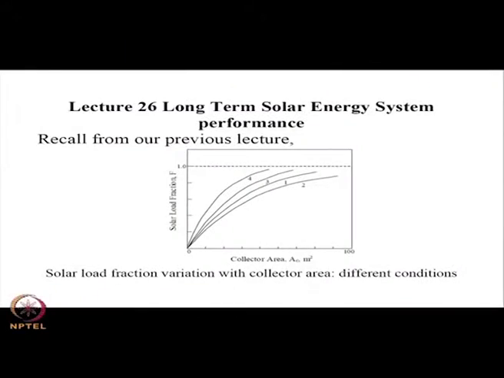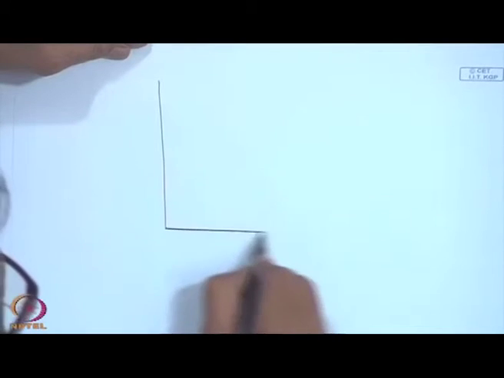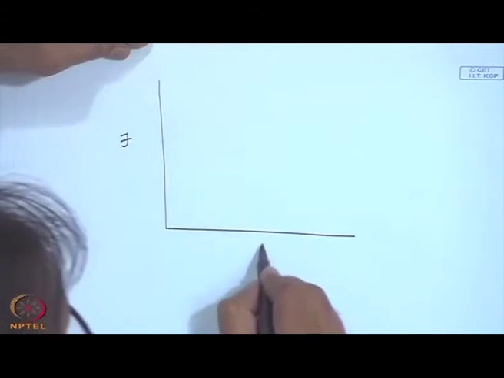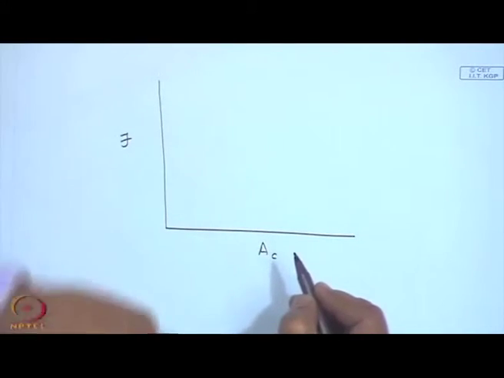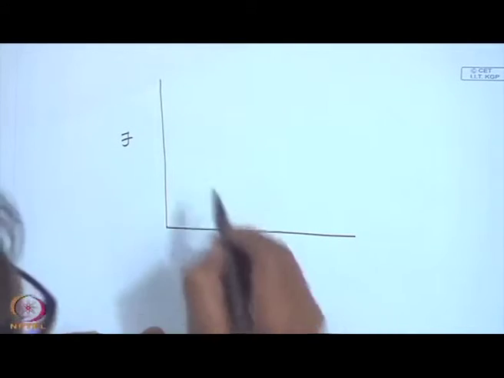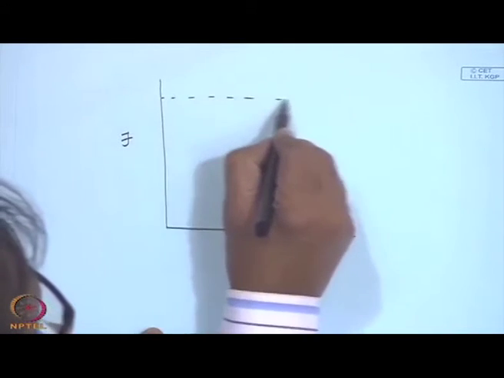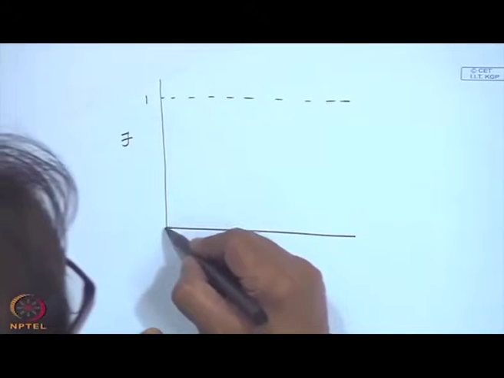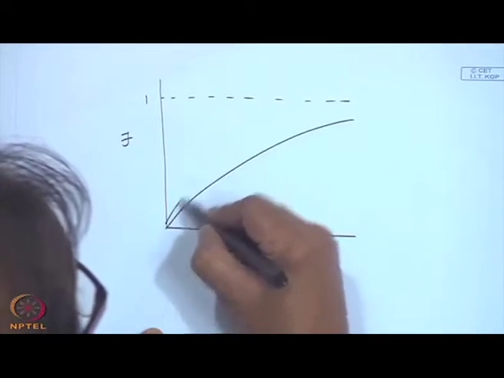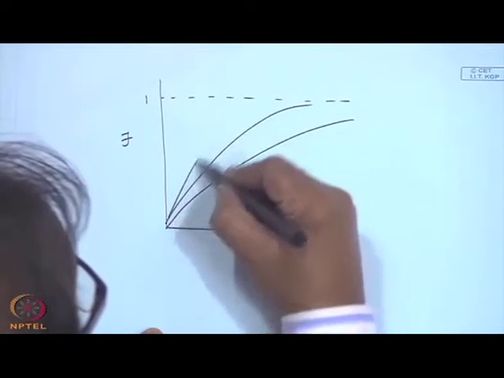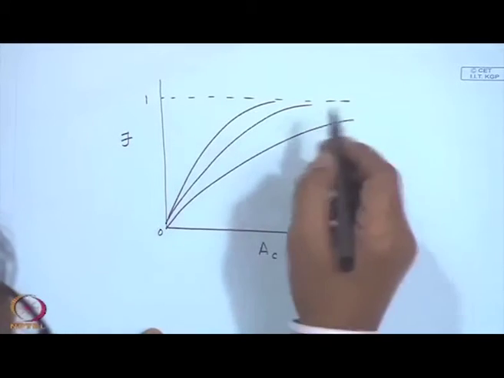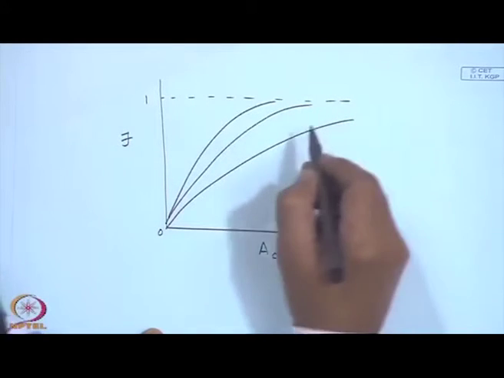So, I have shown curves of yearly solar load fraction versus the main parameter, the collector area. This is 1, it can't be more than 1, and you have got several curves like this asymptotically starting from 0 and going to 1 as area increases.